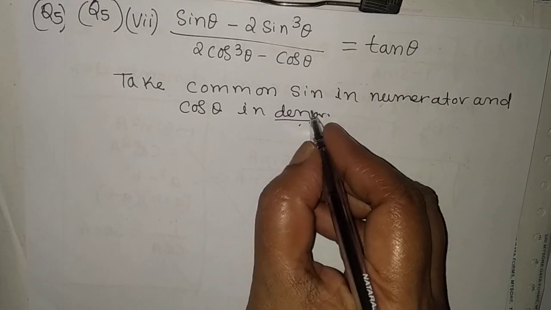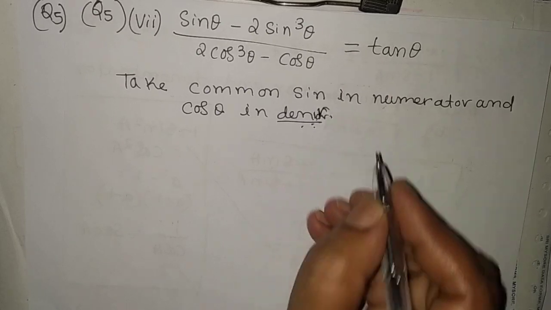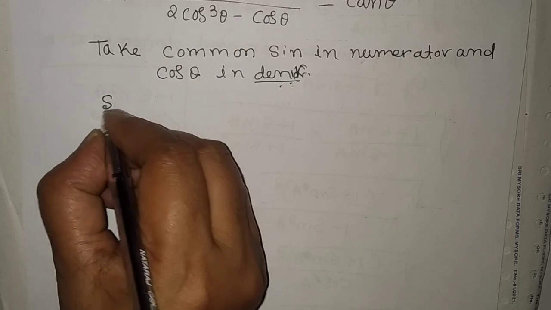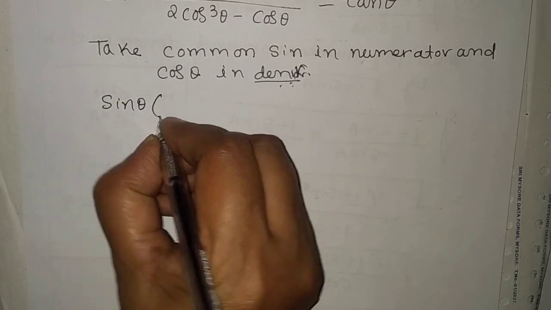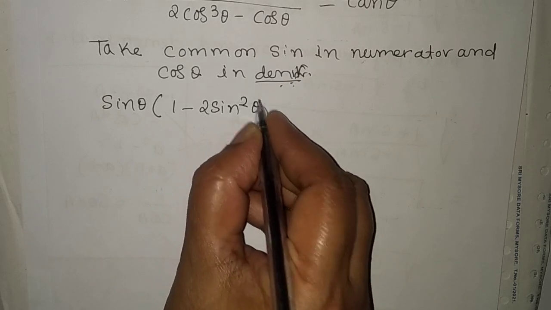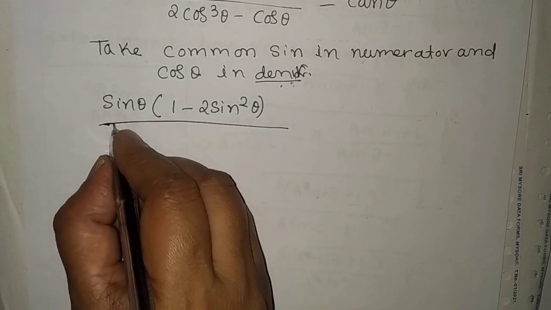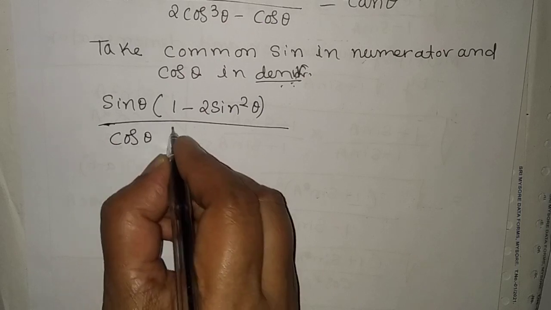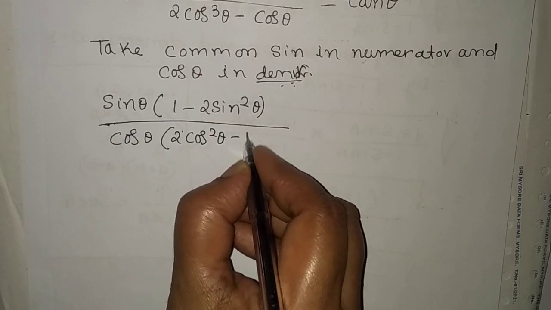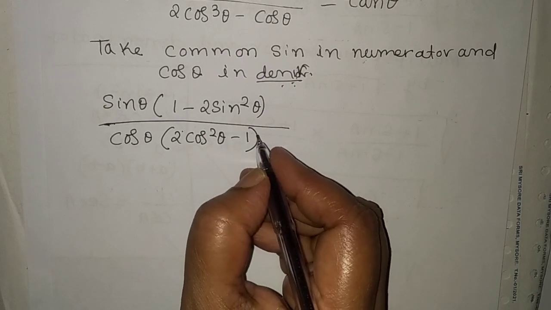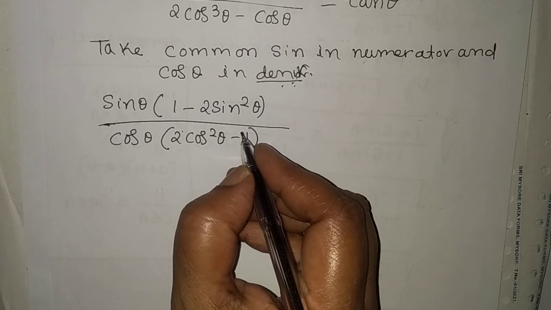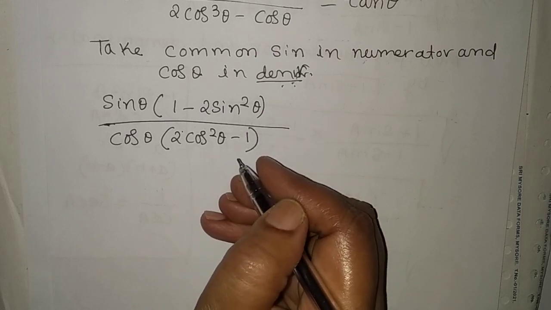So next, take sin theta into (1 minus 2 sin square theta) by denominator, cos theta we have to take, then (2 cos square theta minus 1).